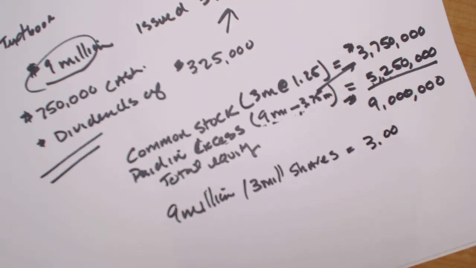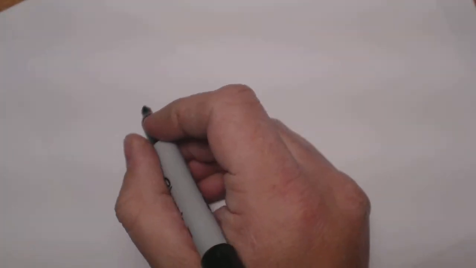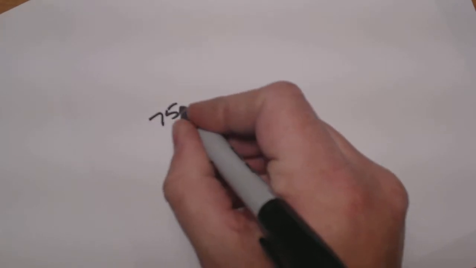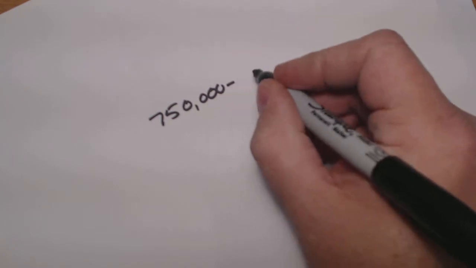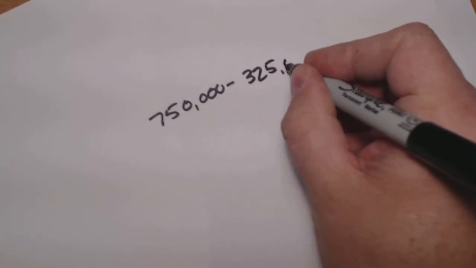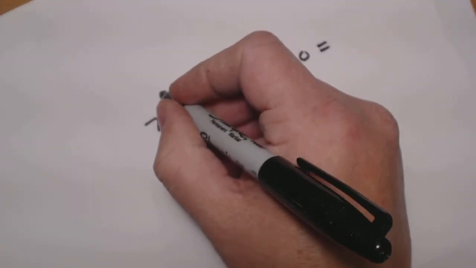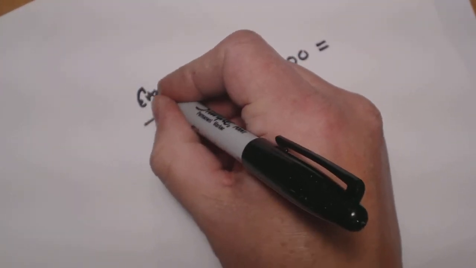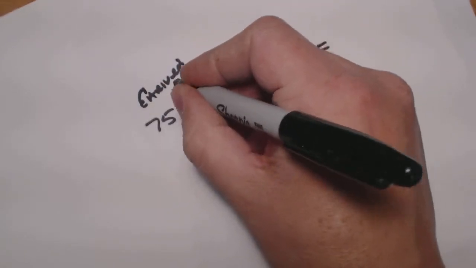So here's what we need to do. We need to come in with the end of the year. So we are looking at the retained earnings of $750,000. That was set up in the problem. So we take 750,000 minus 325,000. Let's go back over what these numbers represent. 750,000 is earned profits or income.